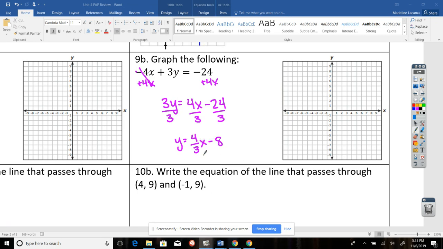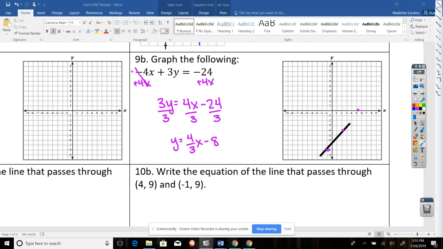So our slope is 4/3, and our y-intercept is negative 8, which is what we got the last way. So I go down, put my point at negative 8. Then I go up 4, right 3. Up 4, right 3. And then we just connect it with a line, and notice we got the same exact answer.